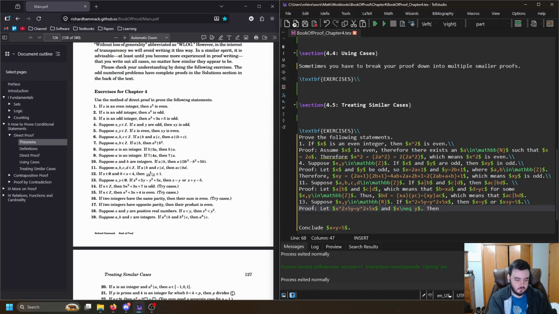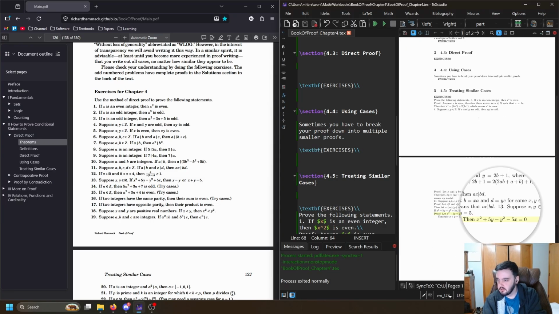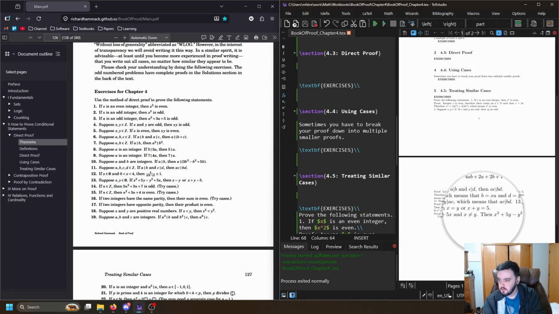Let's just move everything. If we move everything to the side, I'm just going to see what this gives me here. Minus y squared minus 5x equals 0. I don't know if this is the avenue to be going down, but let's just see. Okay, we can factor.